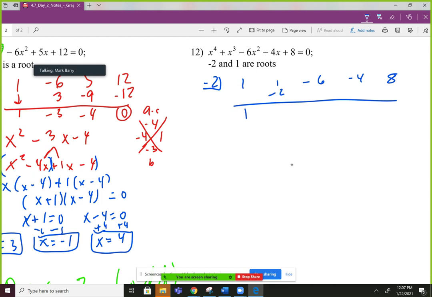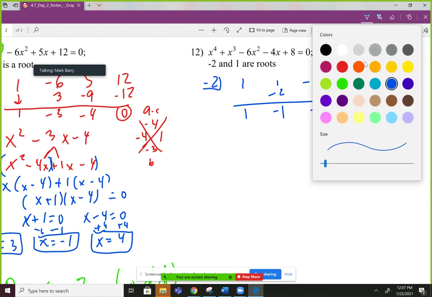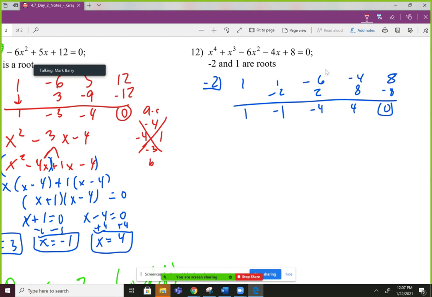All right, bring down the 1, multiply by -2, add down, multiply by -2, add down, multiply by -2, add down, multiply by -2. So then what we can do with this one, since they gave us 2, is we can actually take the second one.